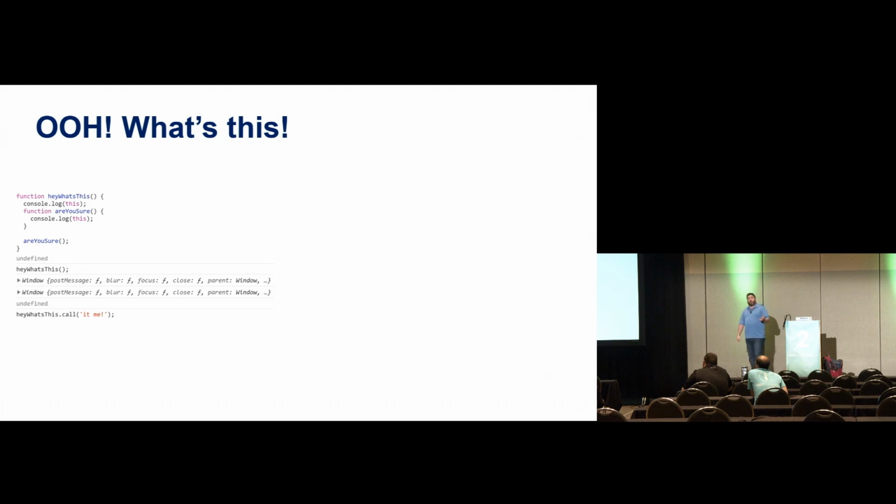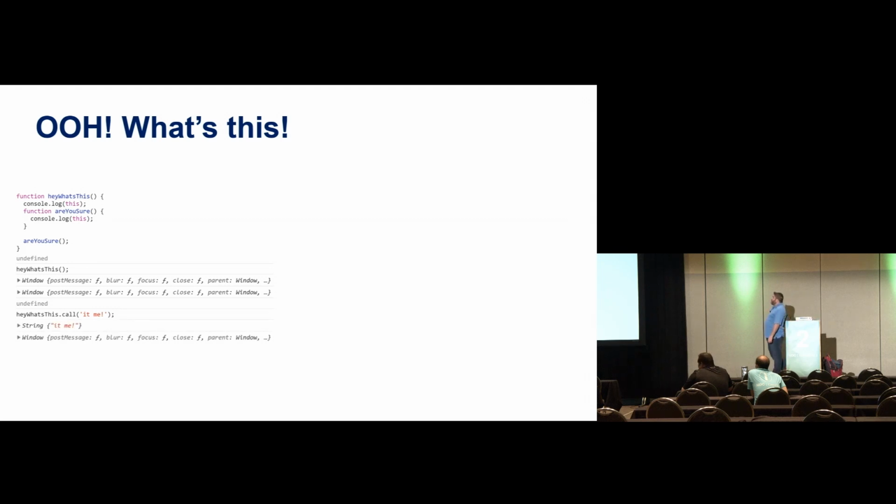But then inside of that child function, what is this going to be? Is it going to be it me, or is it going to be the global this? What do you think it's going to be? You're not sure? As a naive JavaScript developer, I would, given that I've just run it using the global this and they were the same, I might expect that they're going to be the same. But they're not.